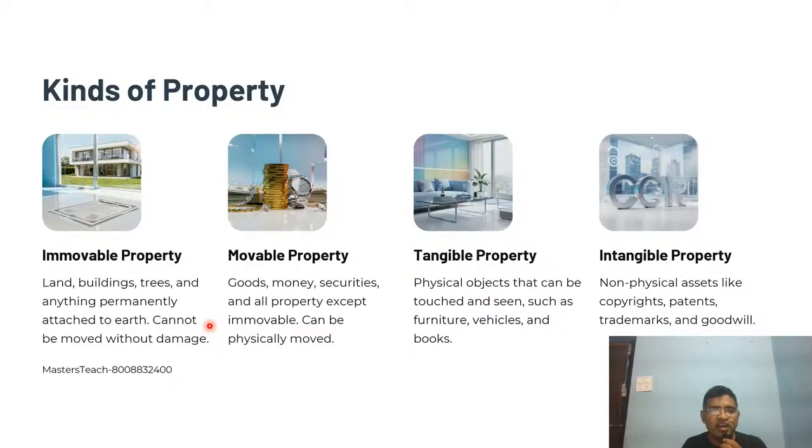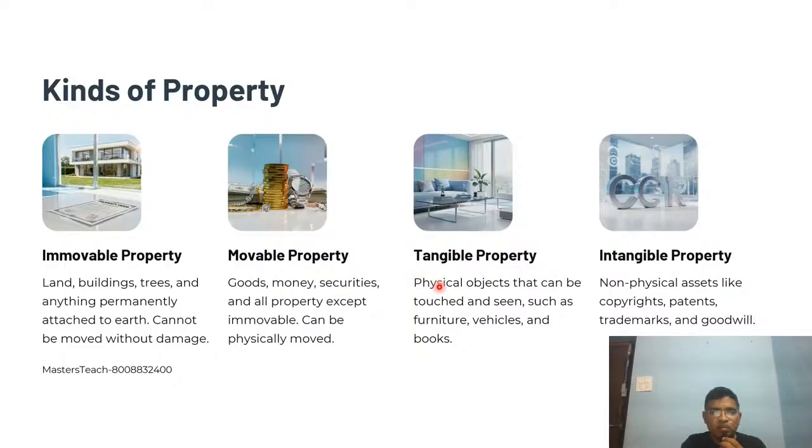So, it cannot be moved out without any damage. So, movable property. So here you can check goods, money, securities, and all the property except immovable. So it can be moved physically. So that is called movable property.